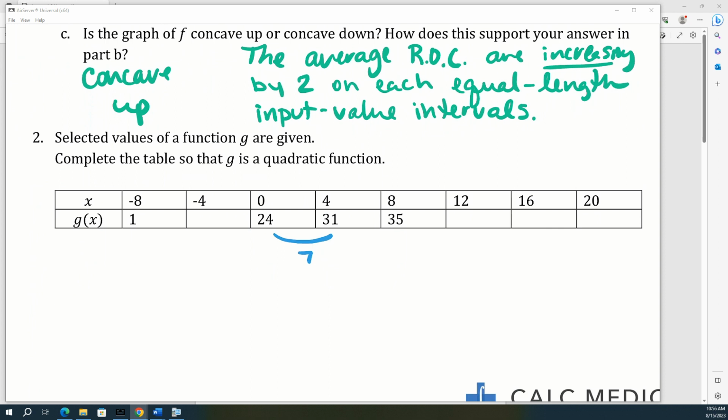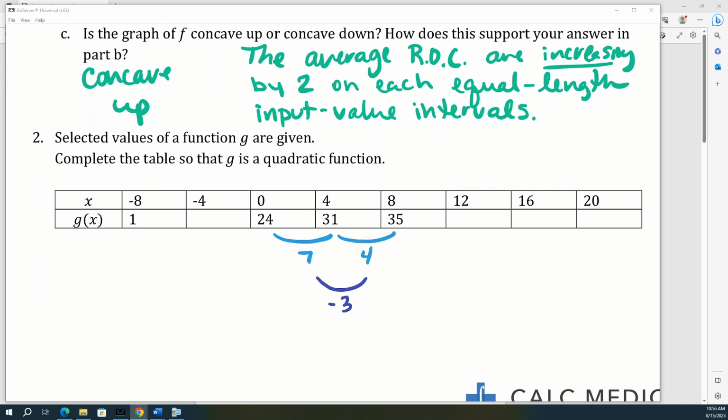Oh, and I can only do this because these are equal intervals. All of these are going up by 4, so we can do this. All right, and then when I take 35 and subtract 31 from it, that's going to be 4. So that is going to make my second difference -3, because we're going to get from 7 to 4, you go down 3, or you can take 4 and subtract 7 from it.